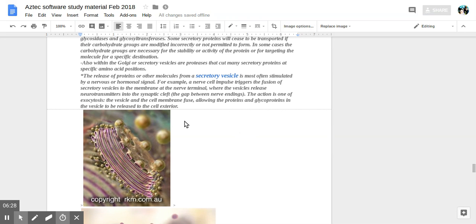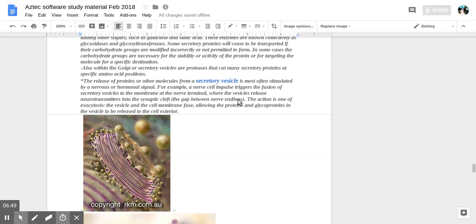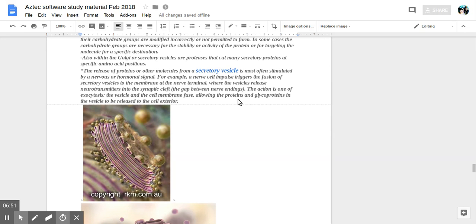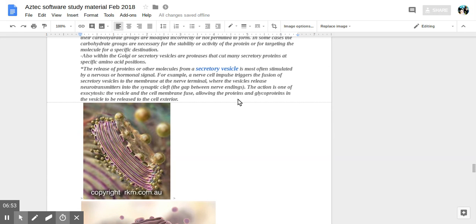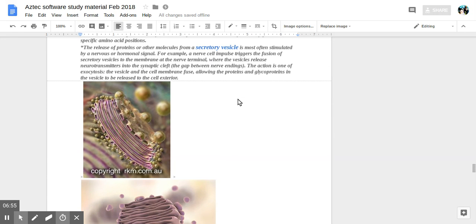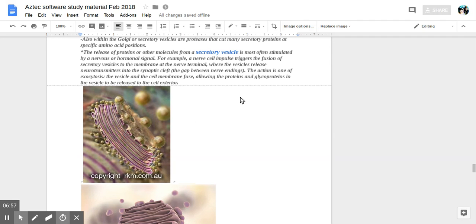In some cases, the carbohydrate groups are necessary for the stability or activity of the protein or for the targeting of the molecule for specific destinations. Also, within the Golgi or secretory vesicles are proteases cutting many secretory proteins at specific amino acid positions.